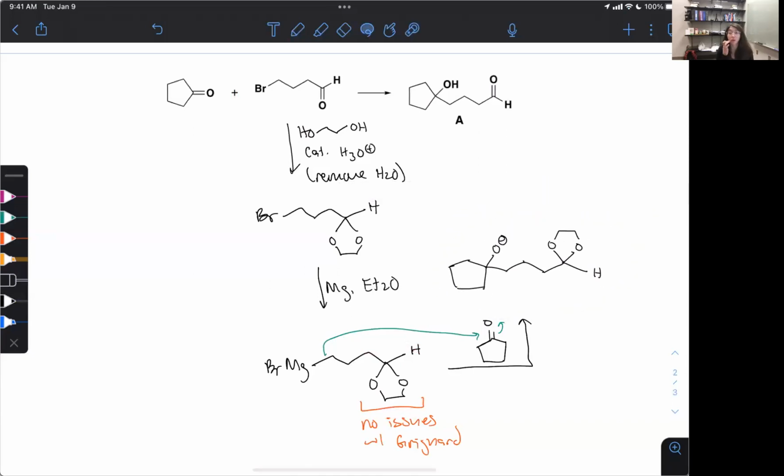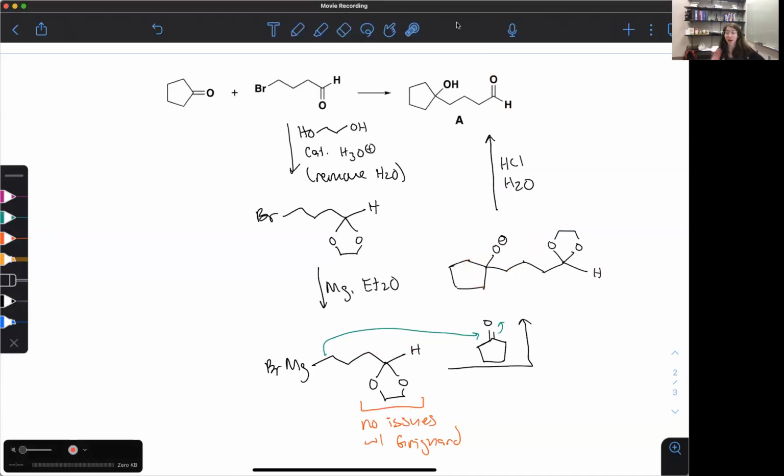So then we get to this acetal and O minus, and then we can just finish that up with HCl, H2O, and that is going to protonate this and deprotect that to get us back to our aldehyde and our OH. So really, really handy to use acetals as protecting groups here. As always, let me know if you have any questions, and I will see you all later.